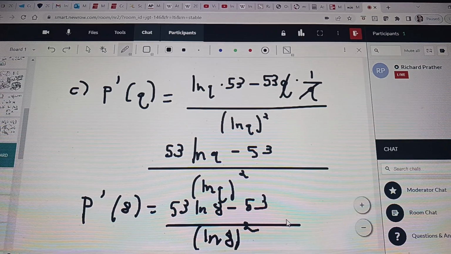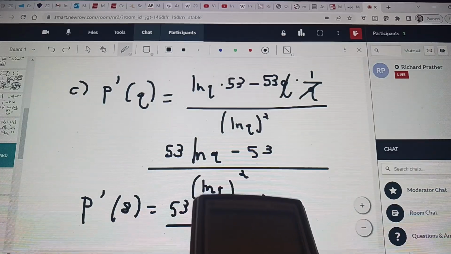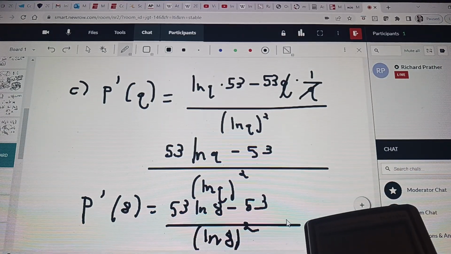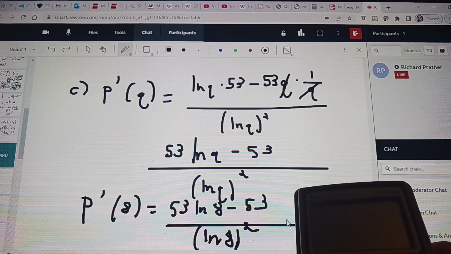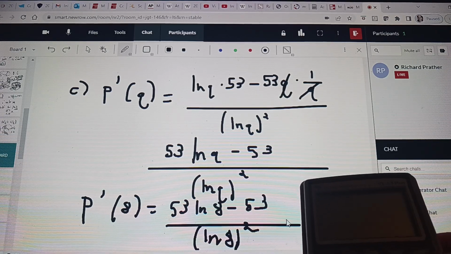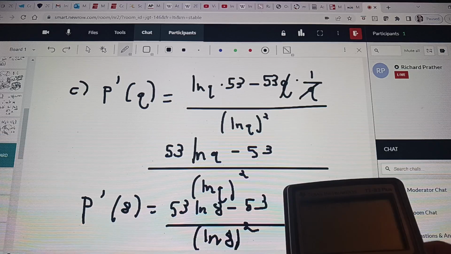Now this one's complicated enough that if you're doing it with a simpler calculator, you would have to do that a lot slower, part by part, and write messy decimals down. But here's the nice thing about a graphing calculator: I can do 53 ln 8 minus 53, and you can handle all that at once.